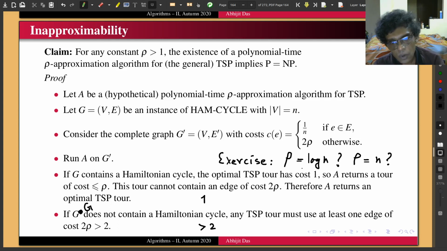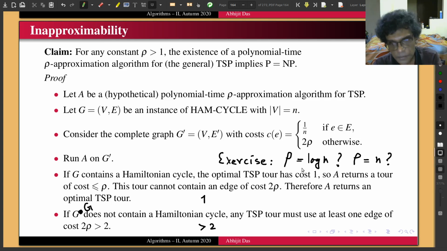So, this interesting inapproximability result shows that not all difficult problems are approximable. There are some problems that resist approximation possibilities. Okay.